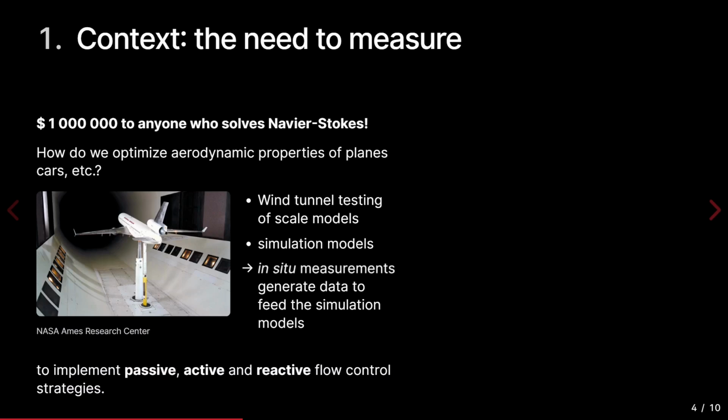Like they do small-scale models. They put them into wind tunnels. They generate data with sensors, and then the data is fed back into simulation models in order to better understand turbulence and implement flow control strategies.